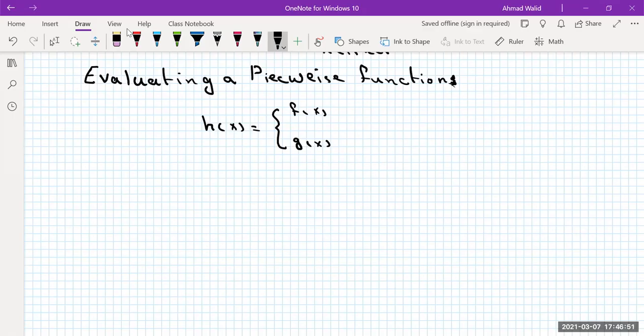Correct? Now, if they give me a piecewise function, how can I graph a piecewise function, or how, first, because we are talking here about evaluating, how can you evaluate a piecewise function?